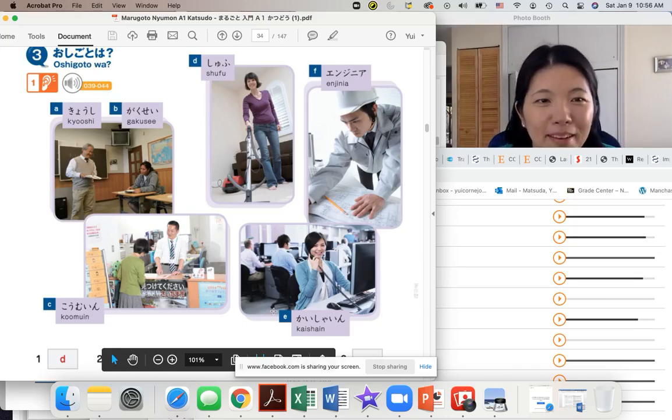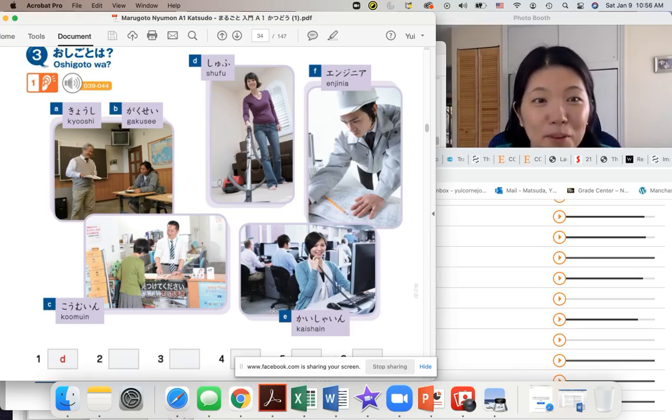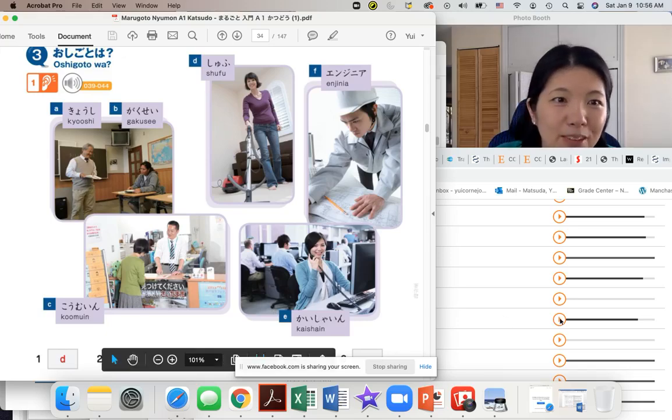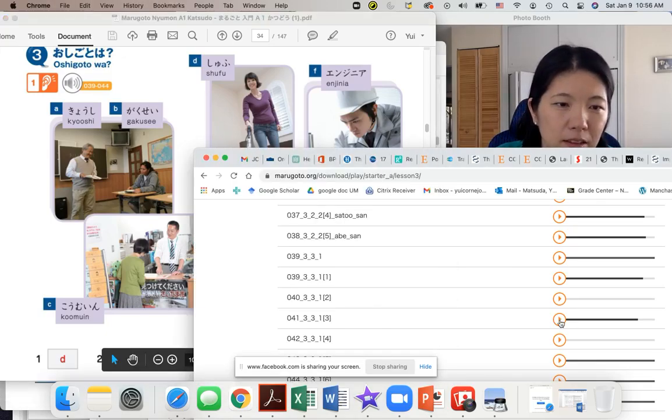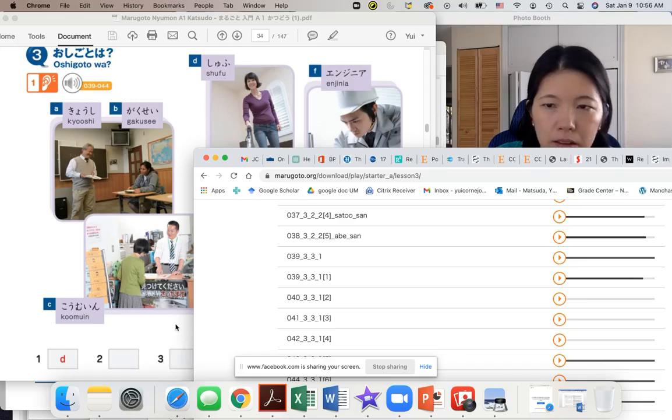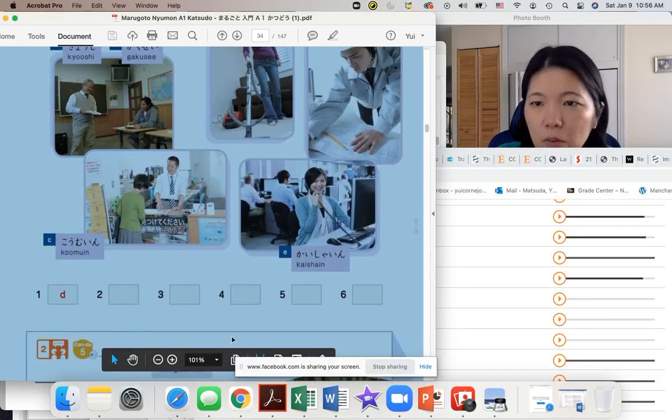It's a company that makes or sells computers, maybe both.